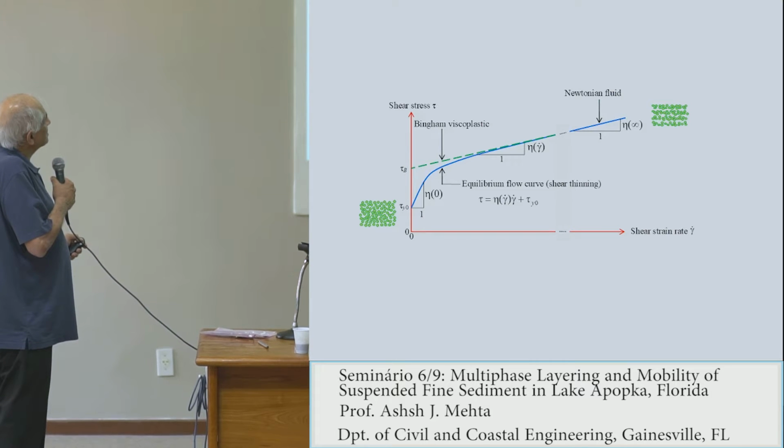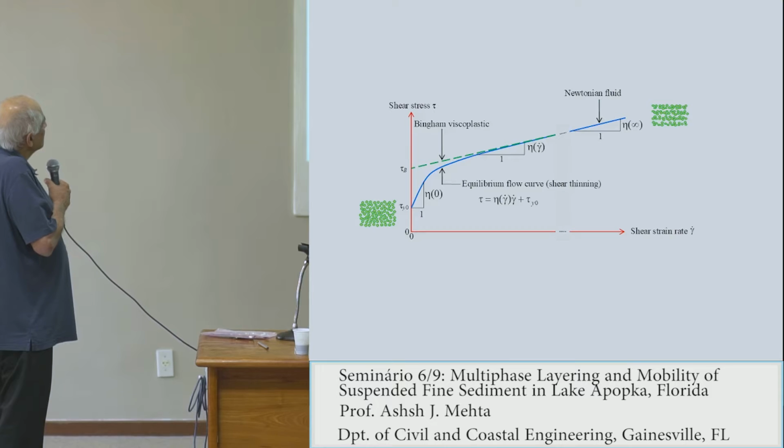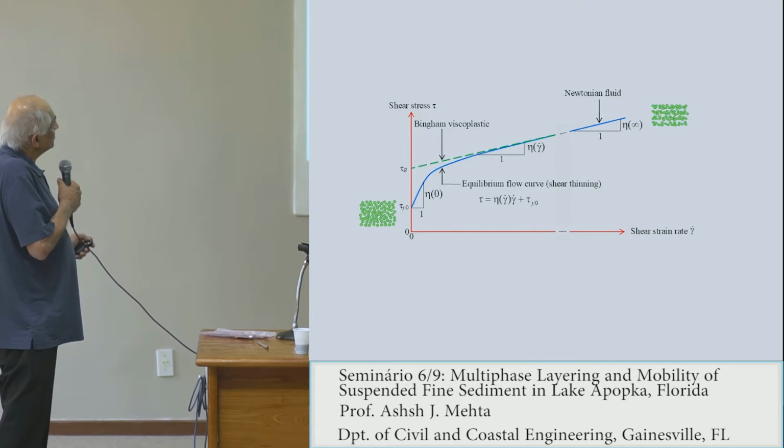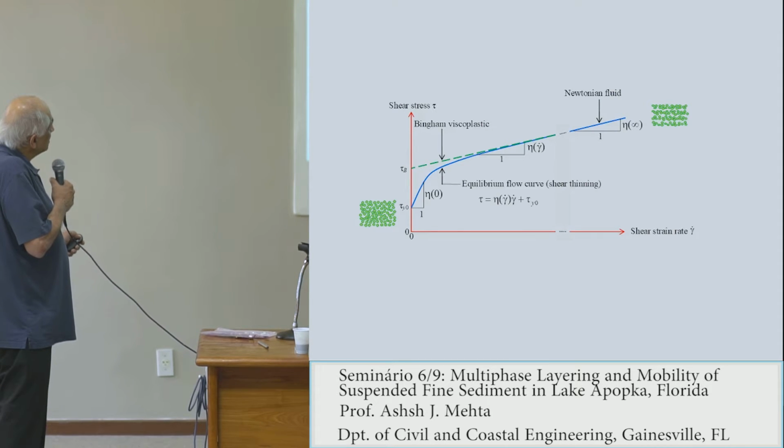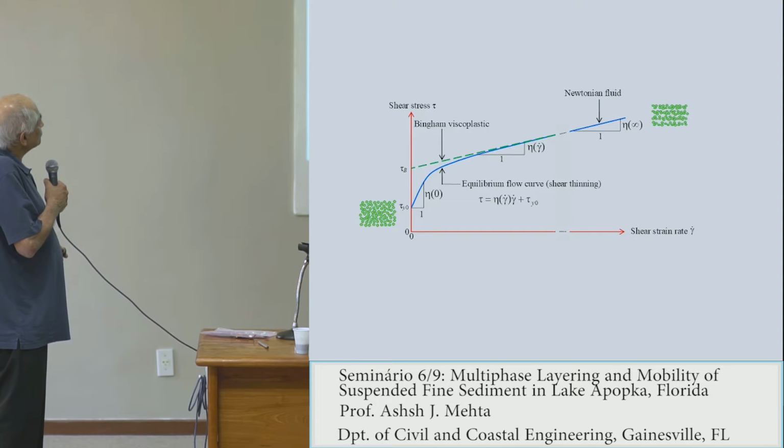But what actually happens is that the curve looks like this. This is the yield strength, and then initially the stress rises and the viscosity decreases very fast, because the viscosity of this suspension is this slope here. So high slope here, low slope here, and then it becomes constant at very high rates of shear.